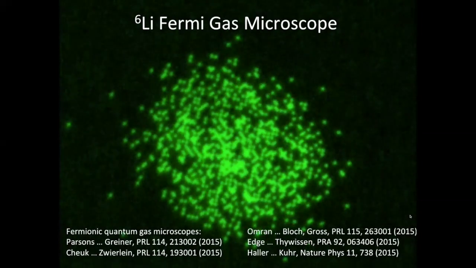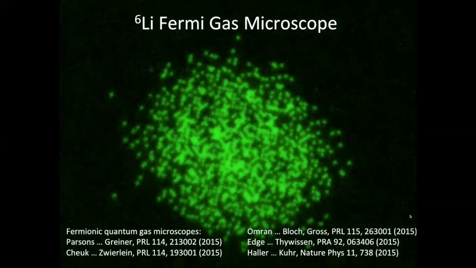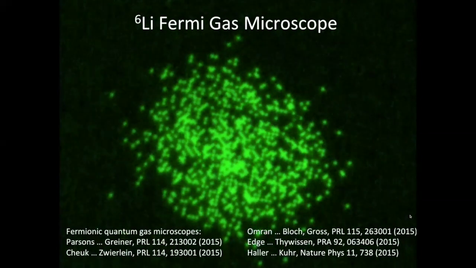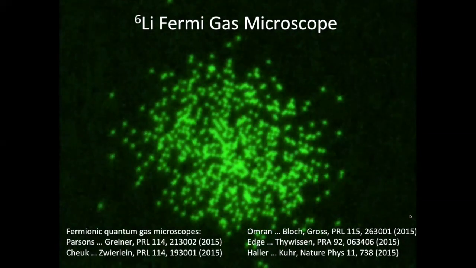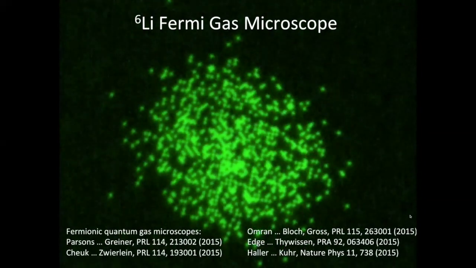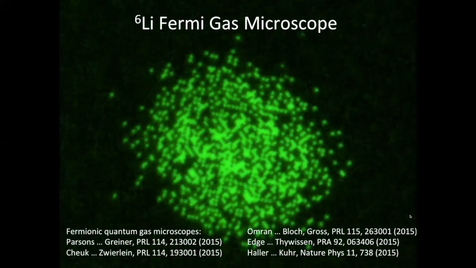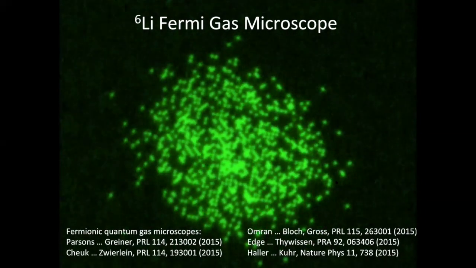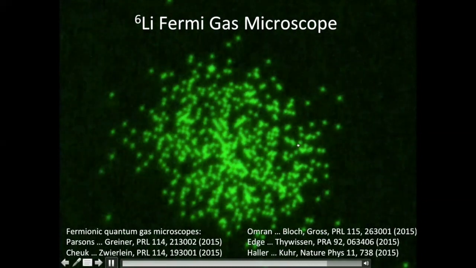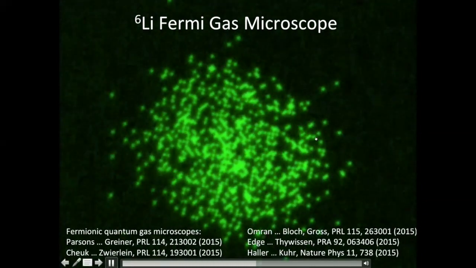The big advance in the last few years in studying Fermi-Hubbard physics with cold atoms has been the introduction of quantum gas microscopy, which gives us the ability to probe these systems down at the single atom level. You can see in this movie that each one of these dots is a single atom in a square optical lattice.